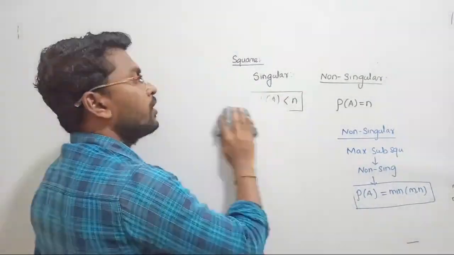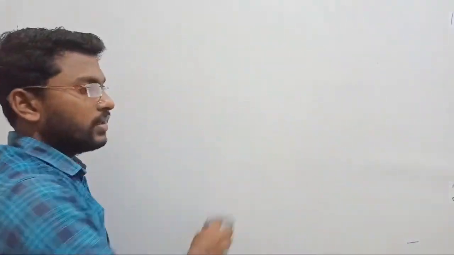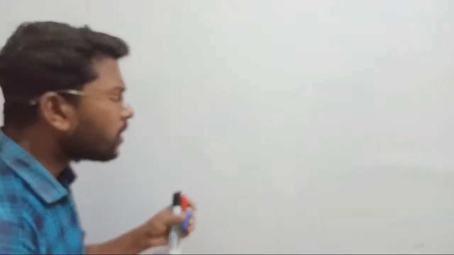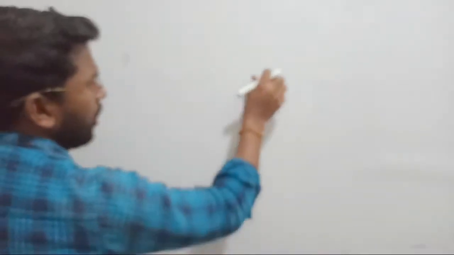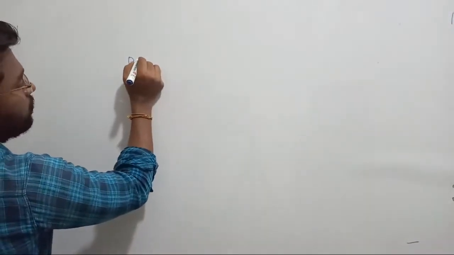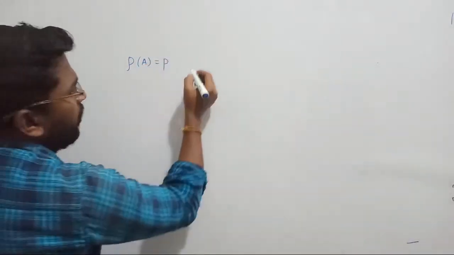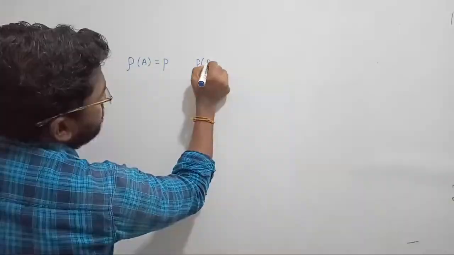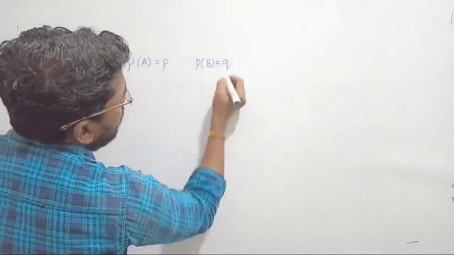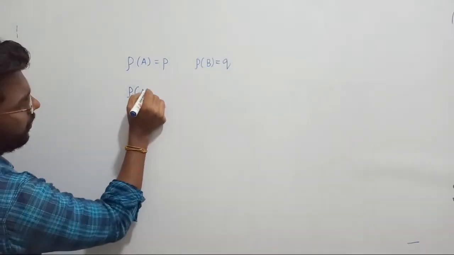Now let us select two more matrices, matrix A and matrix B. Let's see the operation. The next property, you can check it by yourself. I don't want to waste my time because now you all might have understood how to analyze the properties, right? Now, for example, rank of the A matrix is given as P, right? And rank of matrix B is defined as Q. Now, you will be tested for rank of AB.